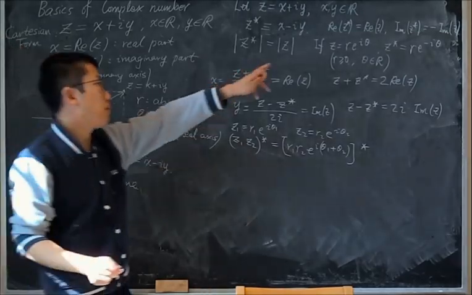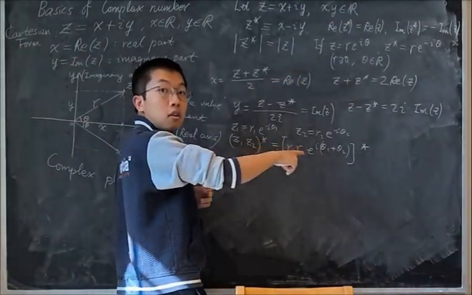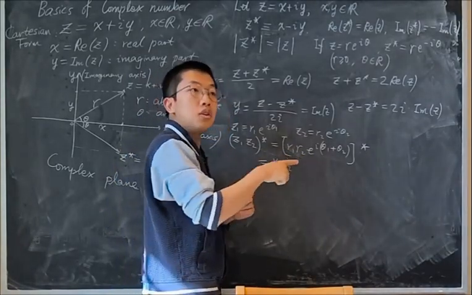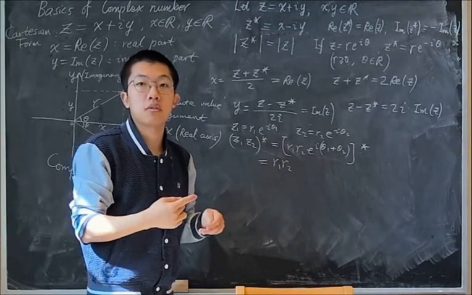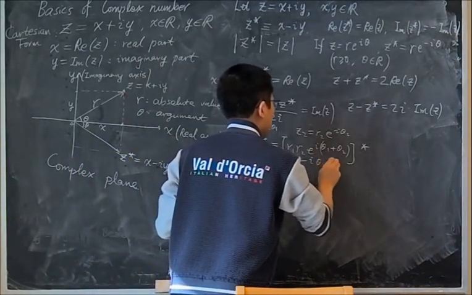And let's use this rule. If I have a polar form in here, the absolute value stays unchanged, but we need to flip the sign of the argument. So that becomes e to the negative i of theta 1 plus theta 2.